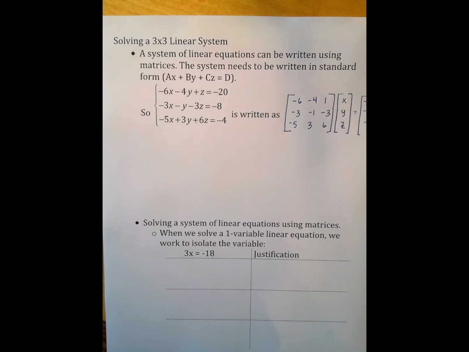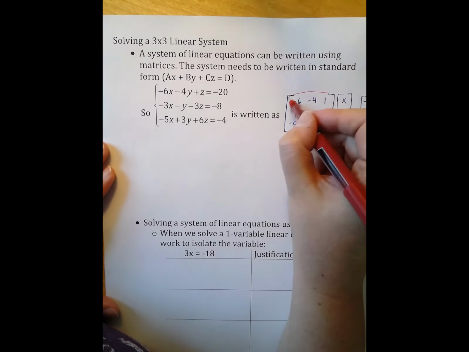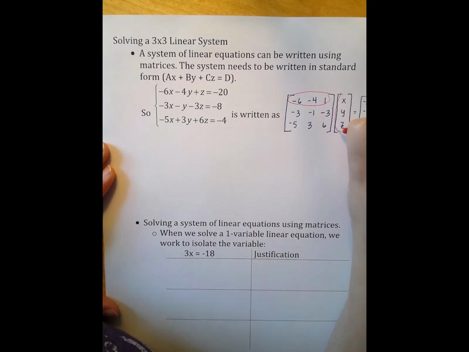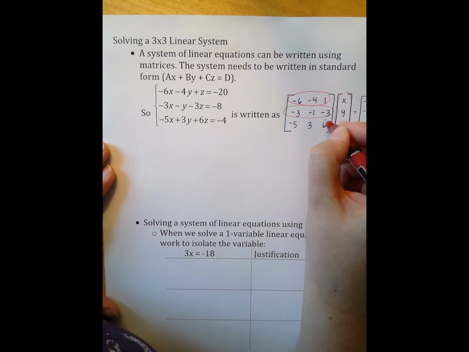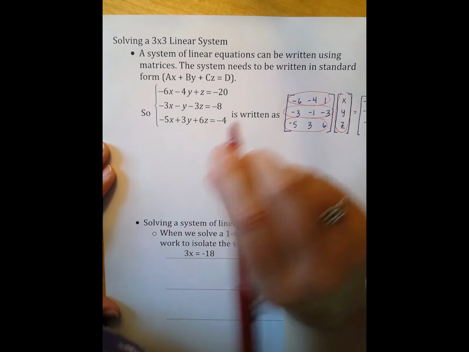Remember, when I multiply matrices, I multiply the row by the column, the row by the column, and the row by the column.